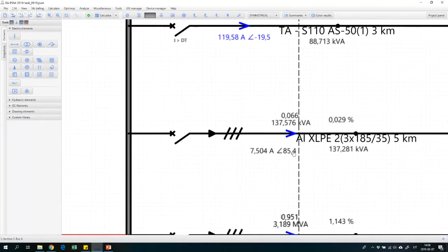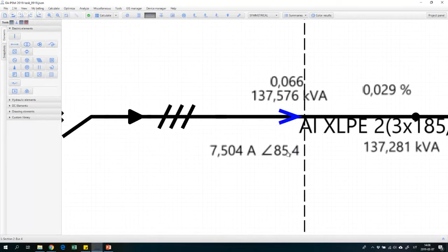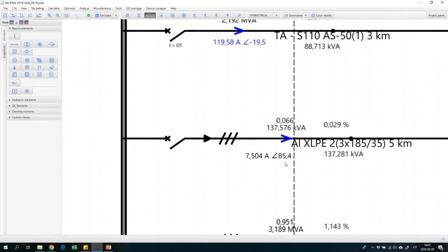So now we can judge that this current is 85 degrees from the voltage angle, and it means that it is mostly capacitive. We see that it is close to 90 degrees. However, there is some active part of the current, which is created by our transformer no load losses.